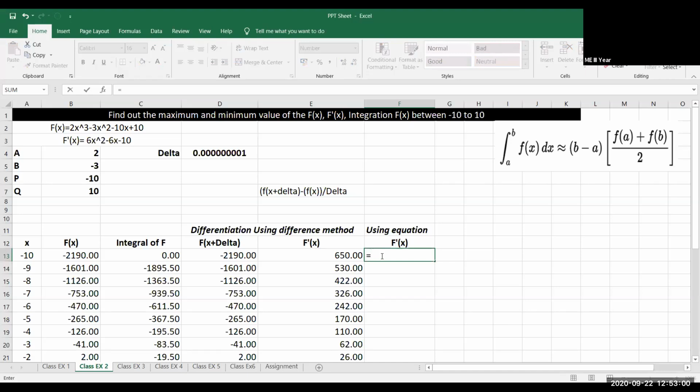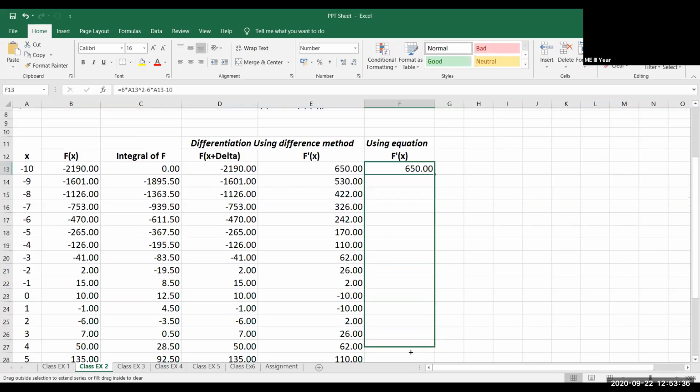So we will enter that value: 6 into x to the power 2, minus 6 into x value, minus 10. So this will be our result. We get the same because we are finding it using different methods, one the difference method, another using the equation. Both will give the same f dash x, so you are getting the same value for both cells.